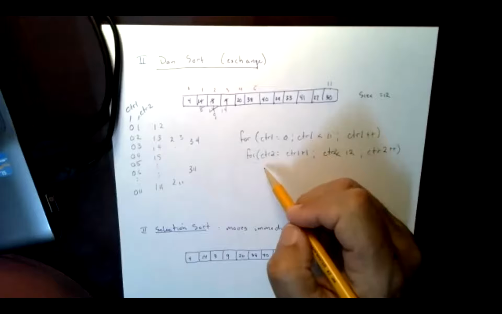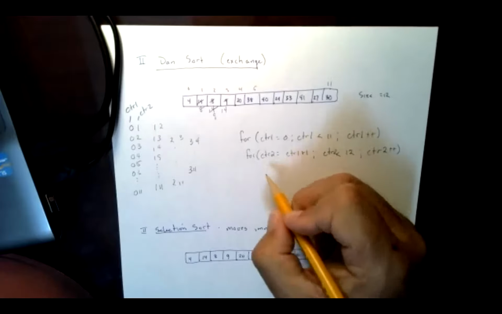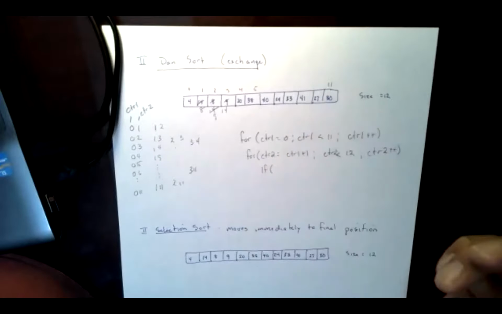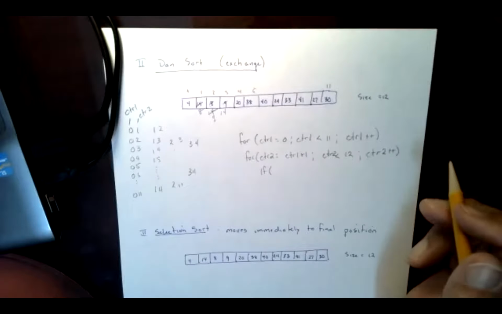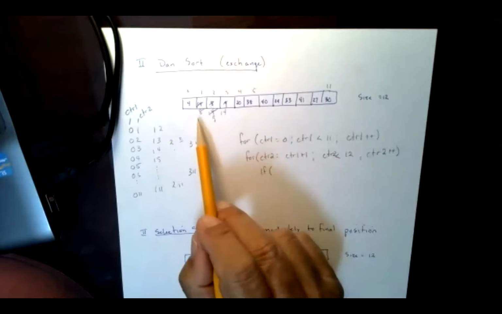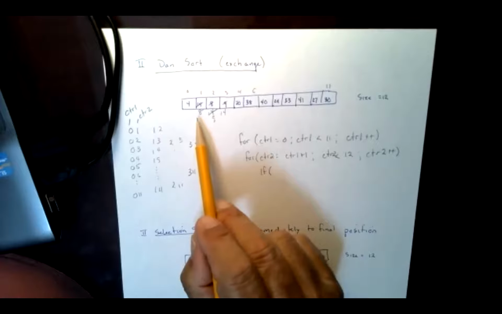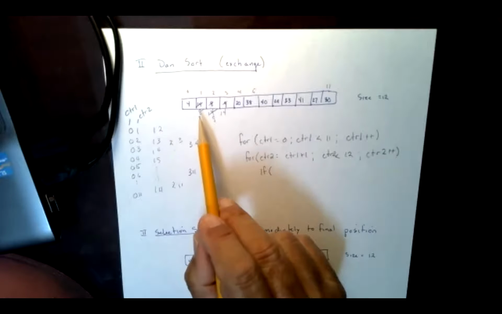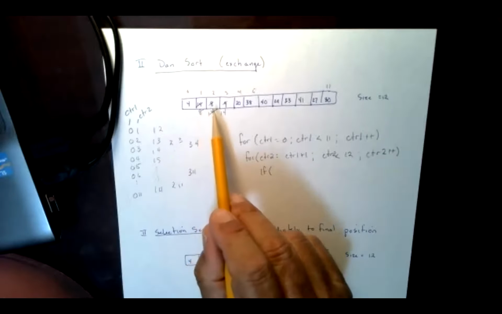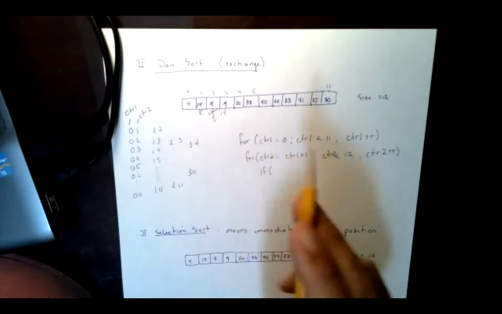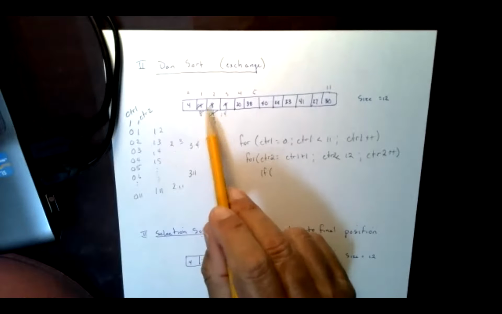Inside of this for loop, what am I going to do? When did I swap them? I think I swap them if the first one is greater.